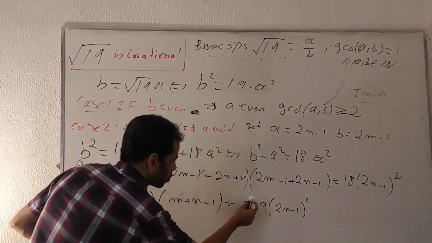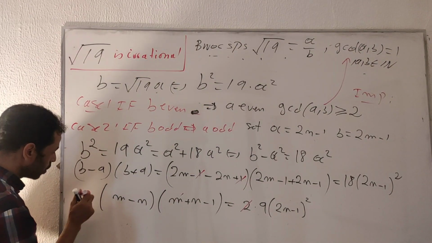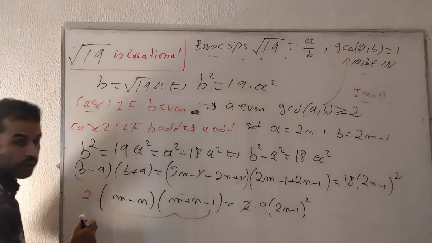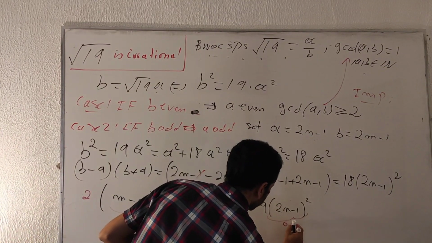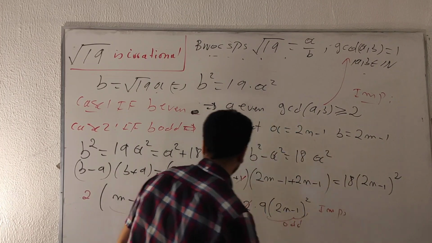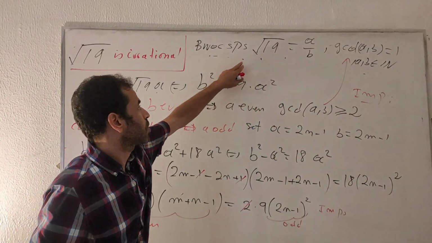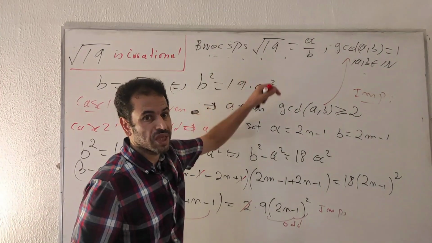So 2 cancels out from here, and I will be left with 2 here. So the left hand side of this equation becomes even, but the right hand side of this equation is odd. It's impossible. So we have contradicted our assumption, which means this number is not rational, which means it is irrational.